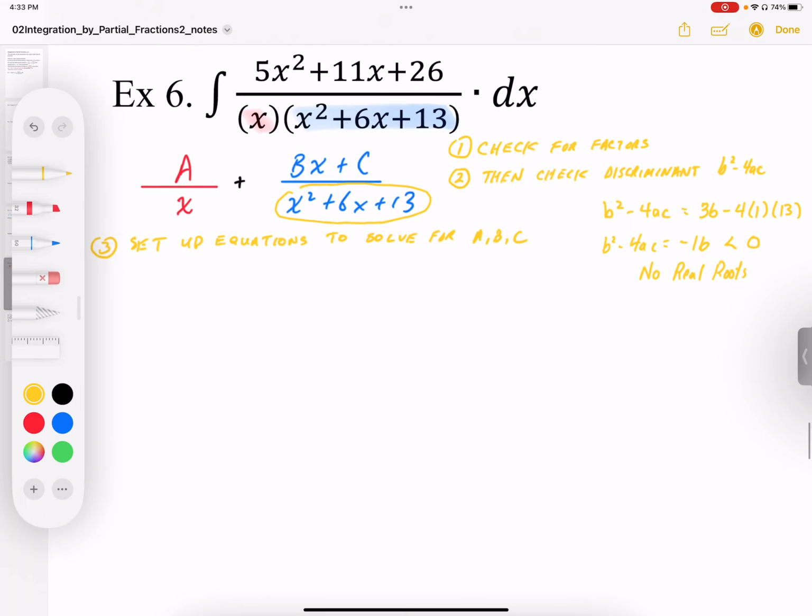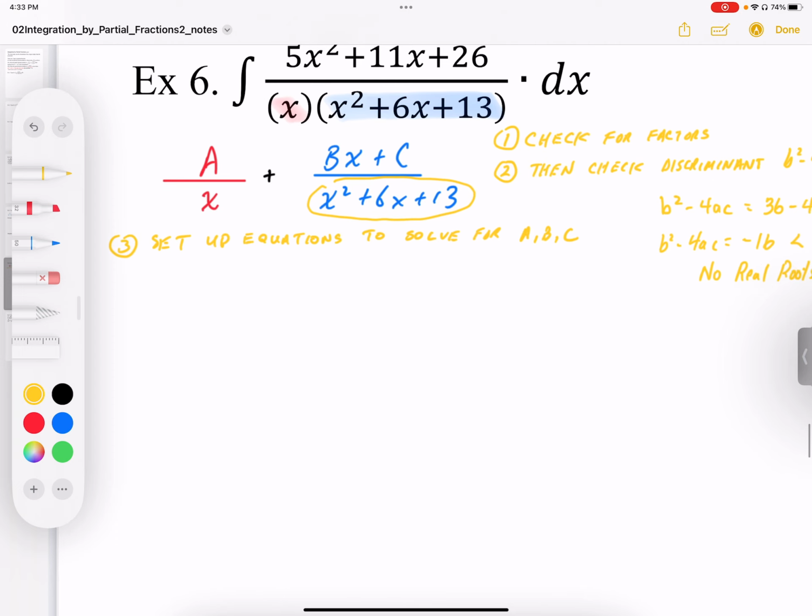We're also going to set up a system of equations to solve for A, B, and C, so we can set up the arctan type for the blue portion of this. Setting up the system of equations, we end up with A times x squared plus 6x plus 13, plus Bx plus C times the factor x.